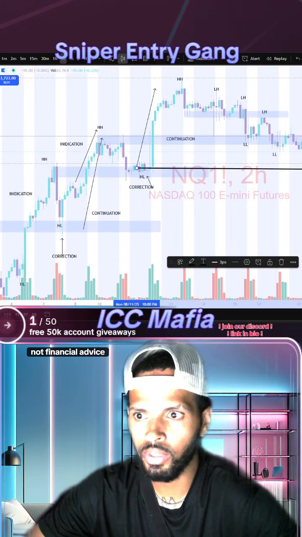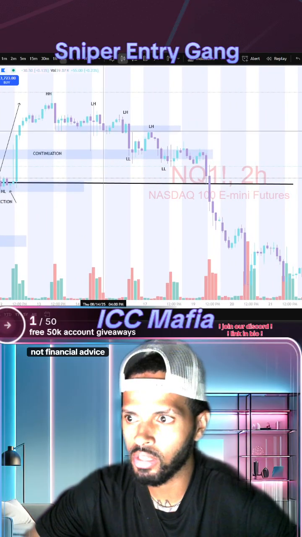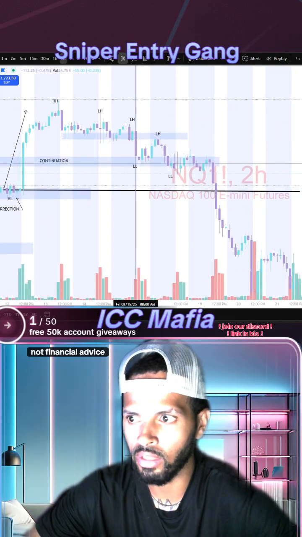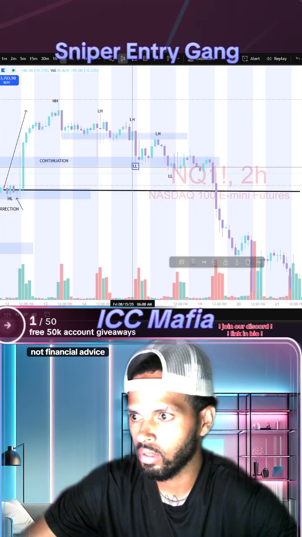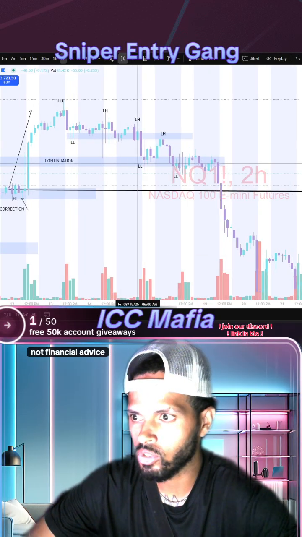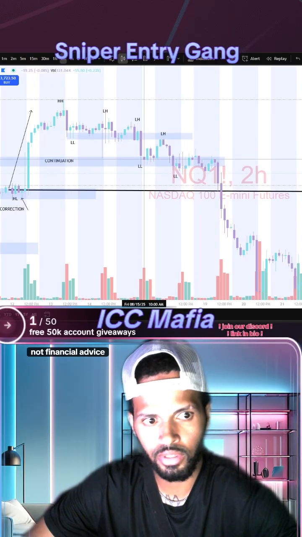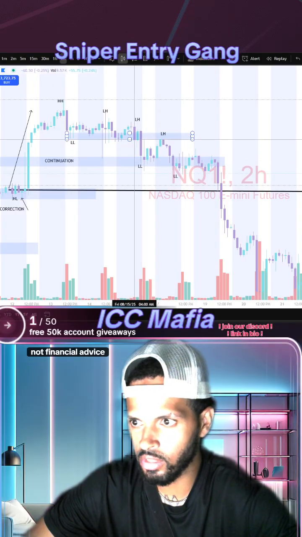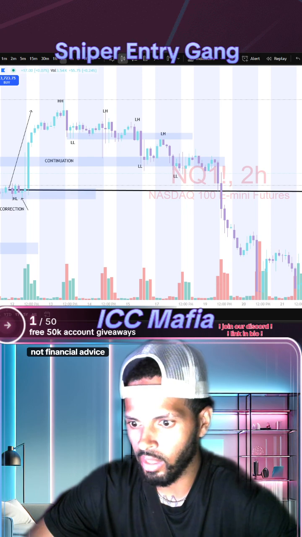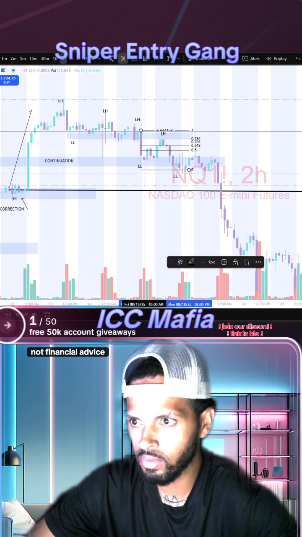So we know that underneath this level, because it was support, we make a lower low. So now we know underneath this level, we are bearish. If price retraces to this level like it just did, and again, I will teach you fib later, it's a fib level.